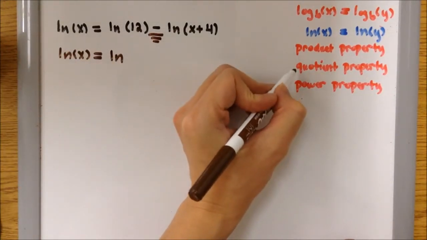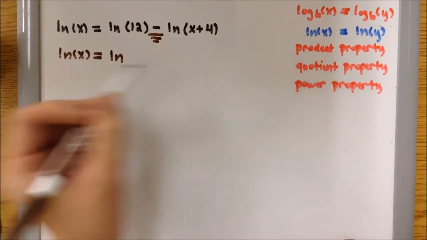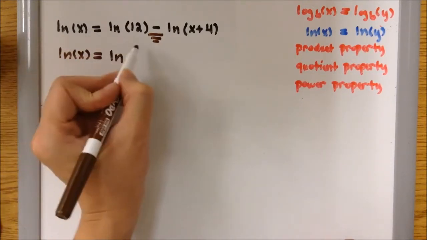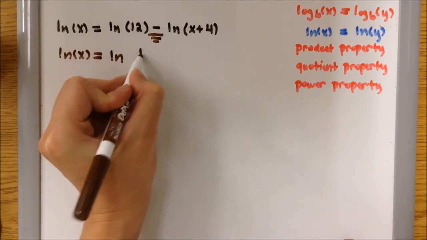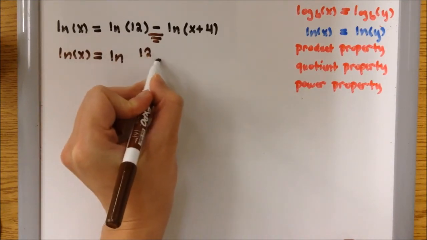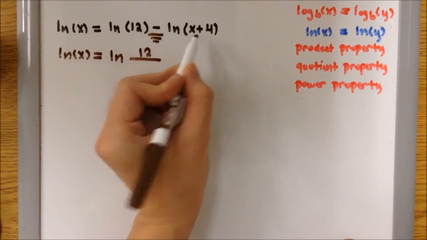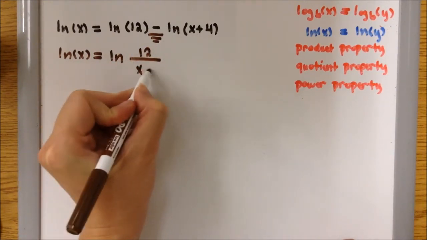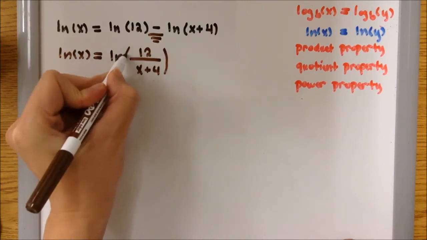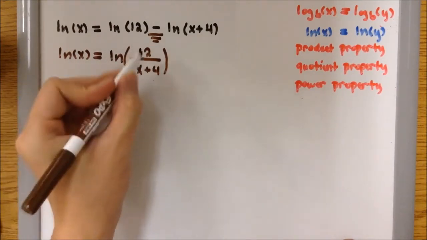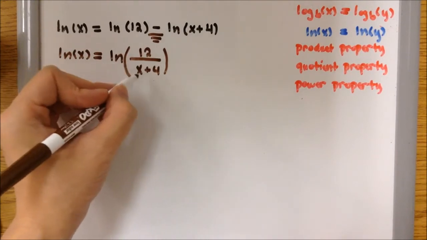So that means I'm going to be applying the quotient property. So it's going to be a fraction. What comes first on my right side is the 12, so that's going to be our numerator. What comes second is the denominator, so x plus 4. There we go, we have a fraction in our natural log on the right side.